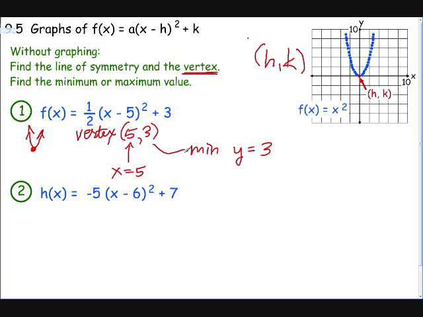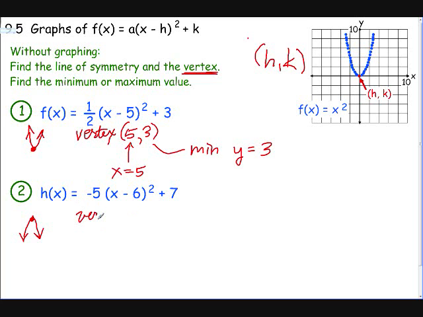This would have been a maximum value had I had a leading coefficient here that was negative. Oh, and down here I do. So we know in this case, my parabola is going to be opening downward. The line of symmetry and the maximum value I can get from the vertex.